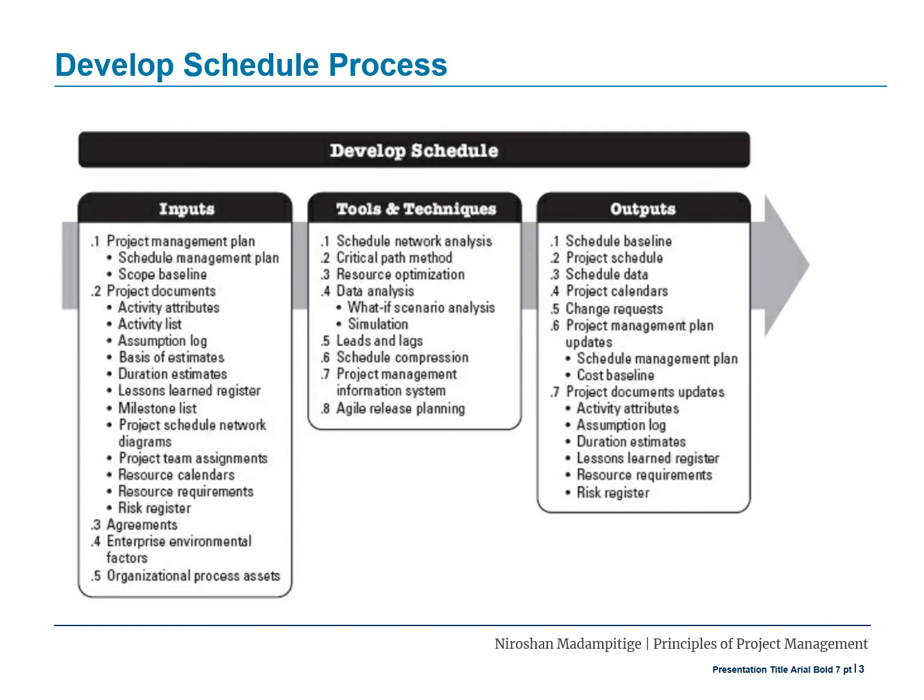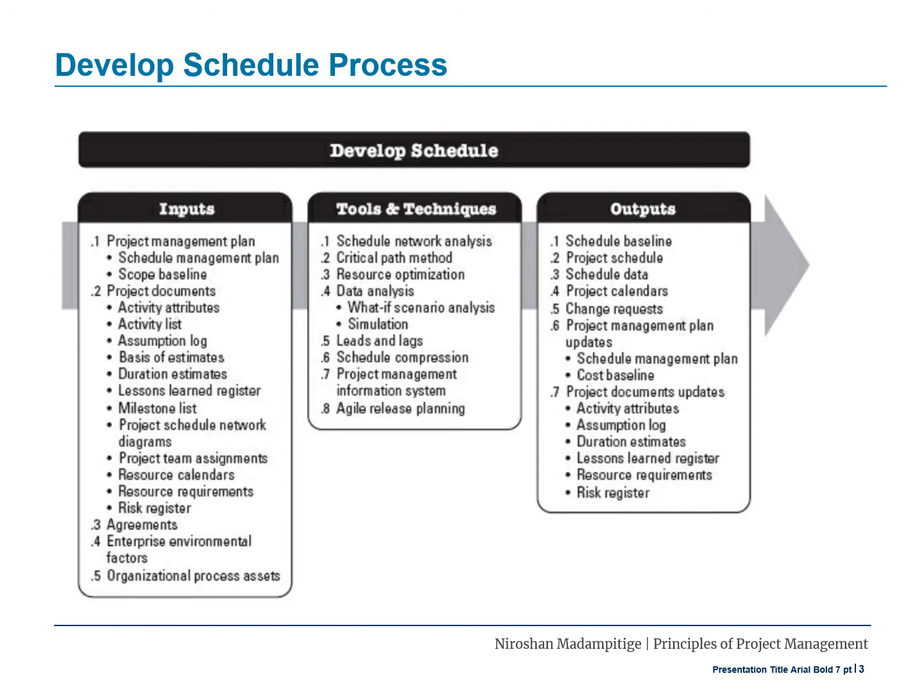Set of project documents, things like activity list, assumption log, basis of estimates, duration estimates, milestone list, and so on. And agreements. Some of the agreements that you have made until now will also become an input to develop the schedule. Enterprise environmental factors and organizational process assets will become the input as well.